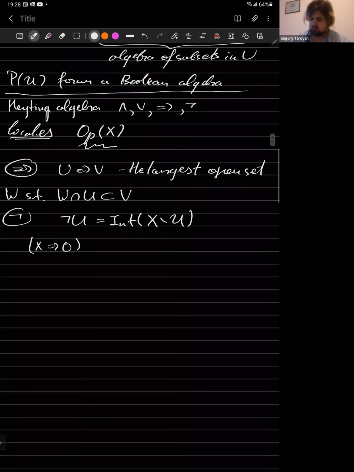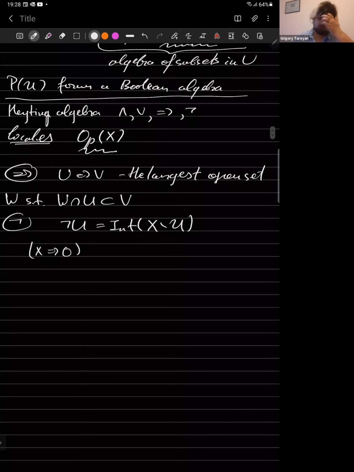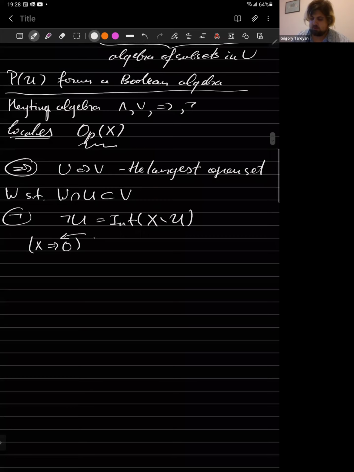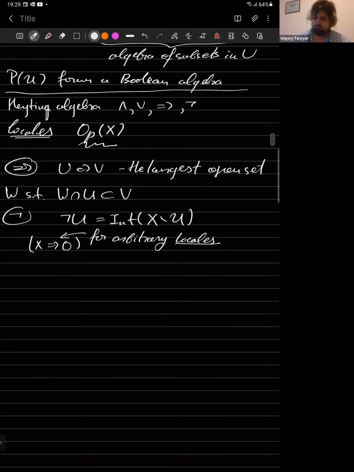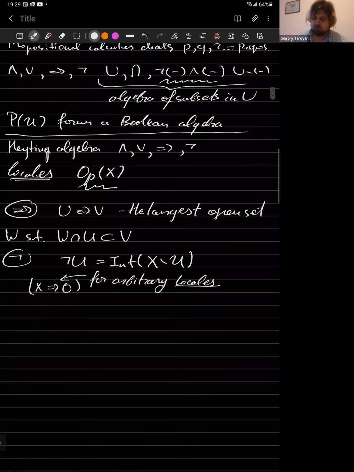And sometimes it is not exactly negation, but at least this definition works not only for topological spaces, but for arbitrary substitutes of topological spaces. Okay, so that's the idea behind Heyting algebras.